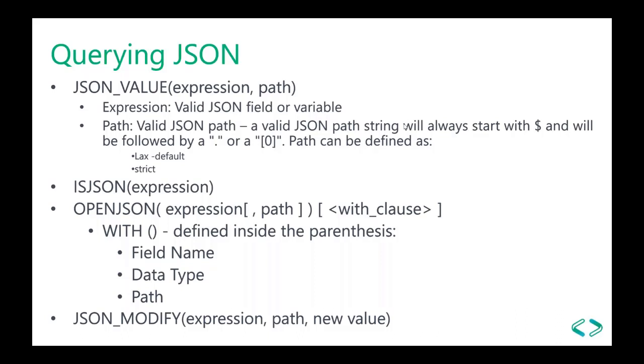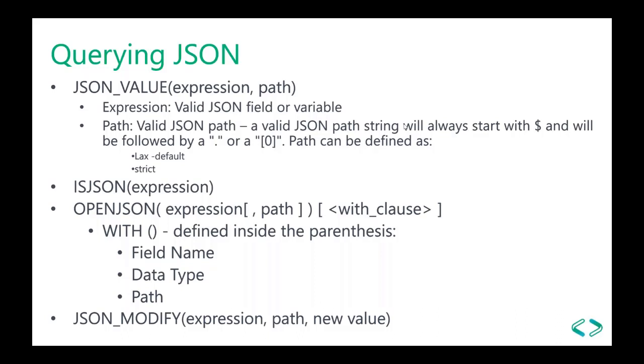So querying JSON. JSON value is one of the ways to query JSON data, and here you're extracting a specific value. So you're not returning a data set or a table, you're returning a specific value. The syntax is expression and path. This has been available since SQL Server 2016, but only in 2019 can you start passing in a path as a parameter.